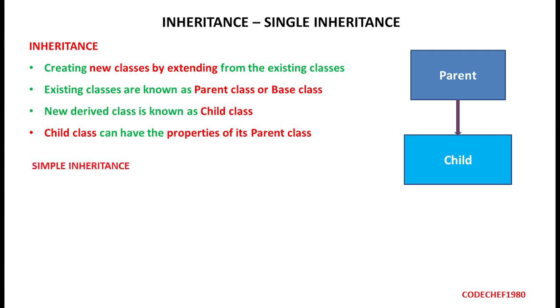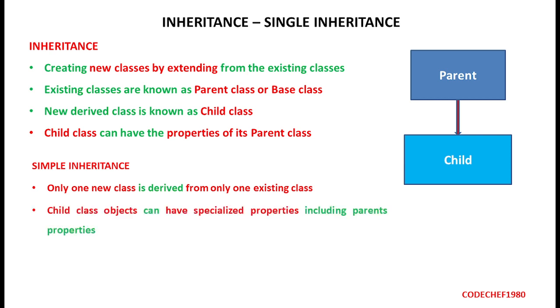Here, simple inheritance or single inheritance means that a new class is derived from only one base class or parent class. Only one class is involved in this relationship, which is why we name it simple inheritance. The pictorial representation in this slide also shows the same. The child class objects can have specialized properties, as I mentioned, including the parent class properties.